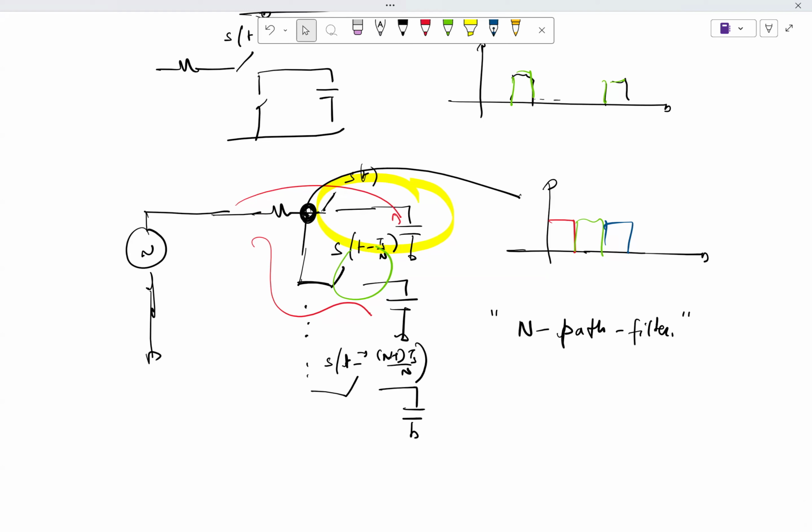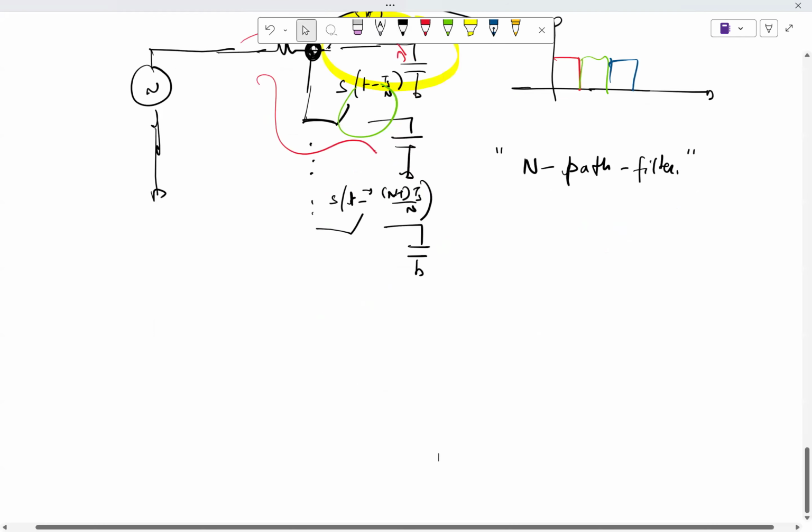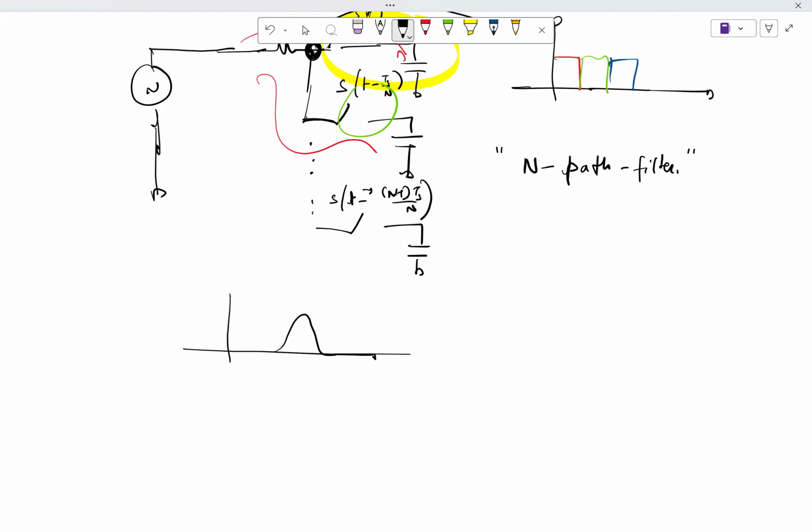If you have an input slightly away from omega s, not at 2 omega s, but slightly away, you are going to get attenuation. Correct? And the Q factor of that is how much? Right? I am ignoring the other stuff here. This is omega s. So what is this bandwidth?